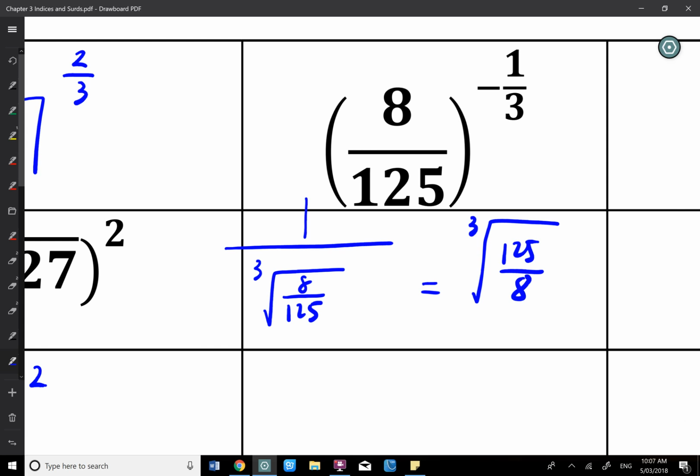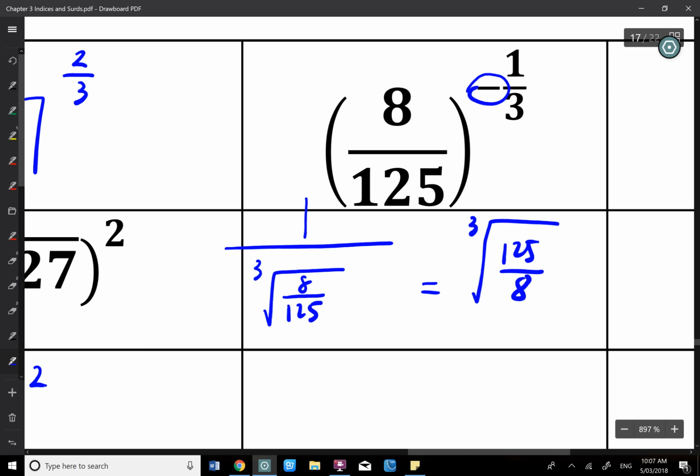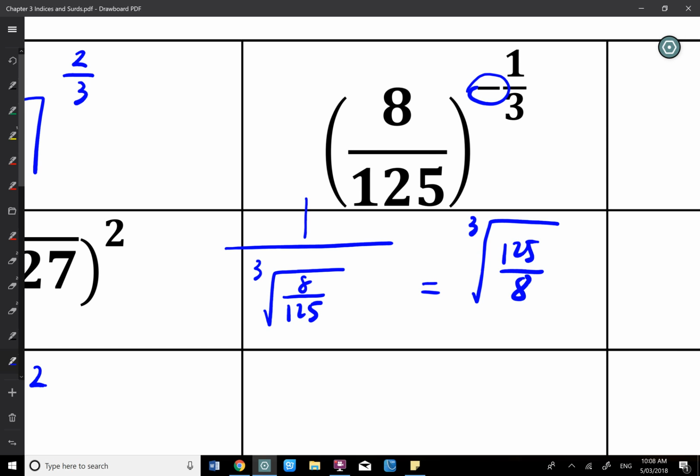This negative just means flip the fraction. So not necessarily write it in the 1 over way, I can just flip the fraction and then to the power of a third. That's fine as well. So it's the cube root of 125 over 8.